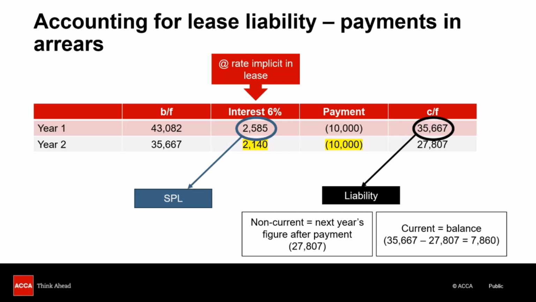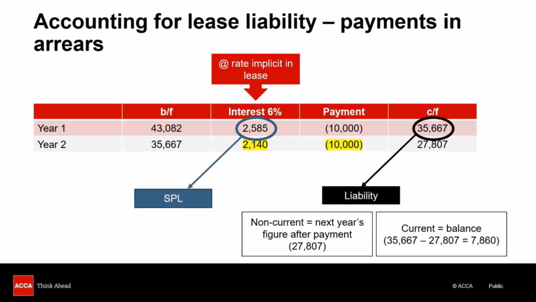Now, the interesting thing is that this is one way of calculating the current liability. Another way of calculating the current liability is by calculating the difference between the payment in the next year and the interest. Because when we talk about the current liability, it can be calculated by taking the next year payment less any interest which has not yet accrued in it.